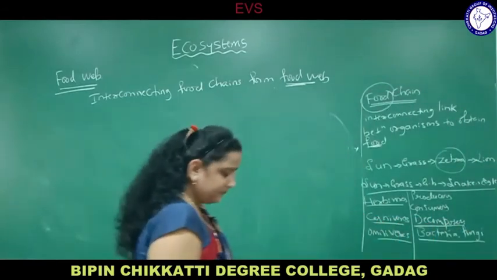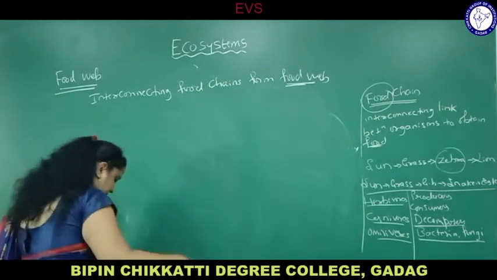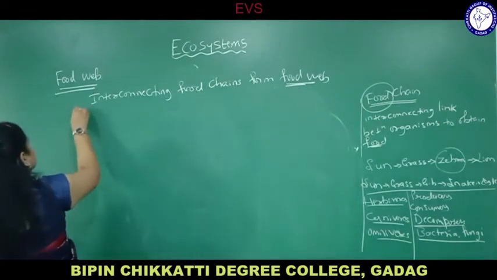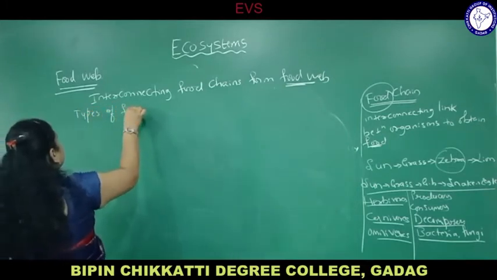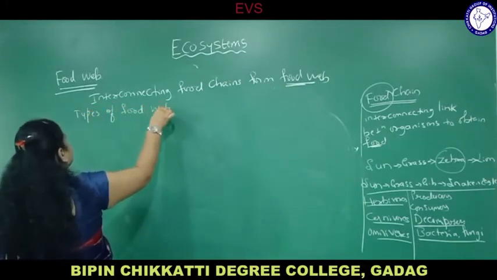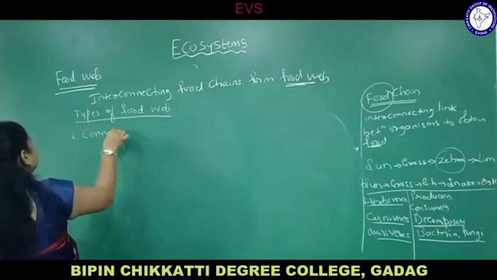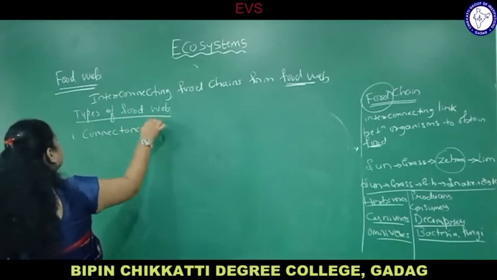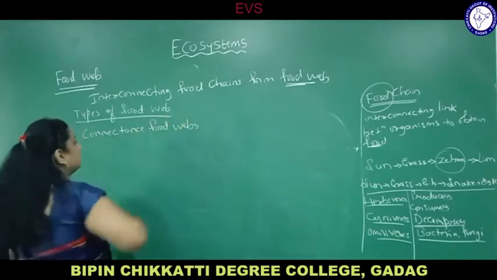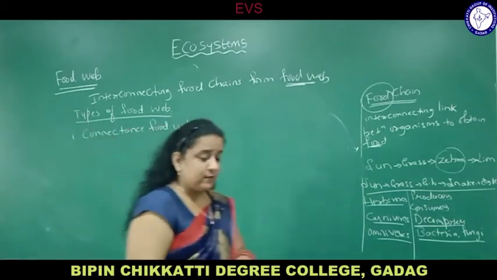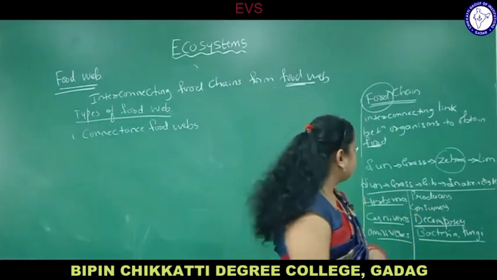Connectance food webs. First one, that is types of food webs. What do you mean by connectance food web? The name indicates connectance, meaning it shows the connection between food chains in the food web.